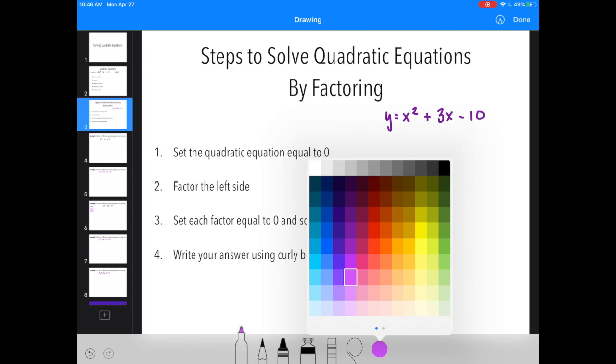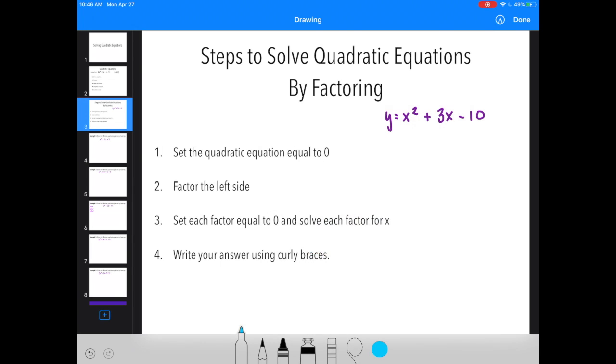All right, our steps for solving, let's do blue. Our steps for solving quadratic equations by factoring: the first thing you want to do, despite it saying our equation's equal to y, is set your equation equal to 0. So in this example, I would have x squared plus 3x minus 10 equal to 0.